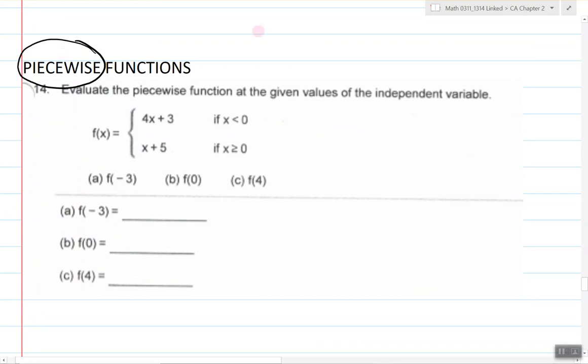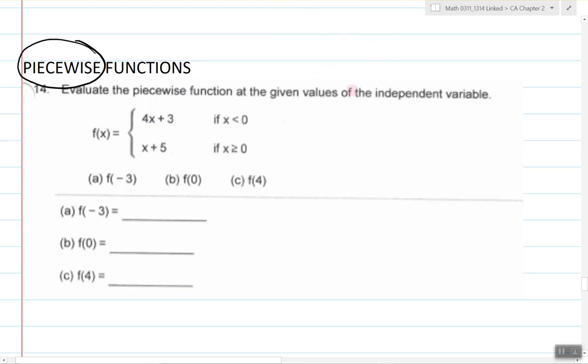Now, if we looked at the function f of x is equal to 2x plus 1, and its domain is all real numbers, then from negative infinity to positive infinity, it behaves like this definition. If x is 1, I plug it in here and I get 3. If x is negative 2, I plug it in here and I get negative 3. So no matter what, this is the definition that relates to all the points on this graph.